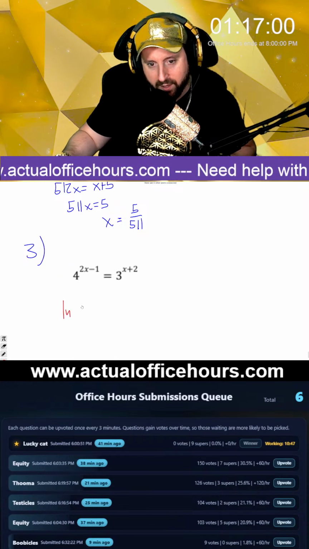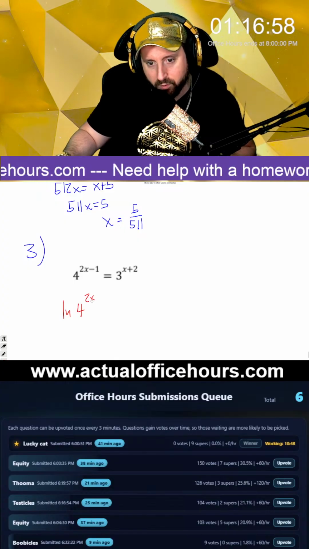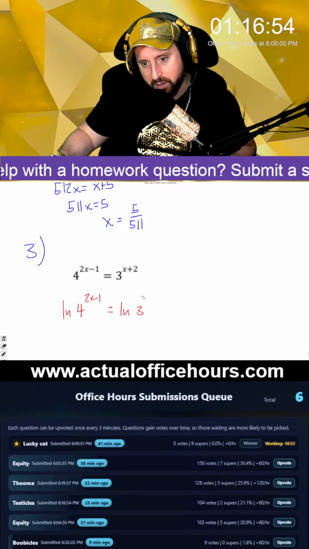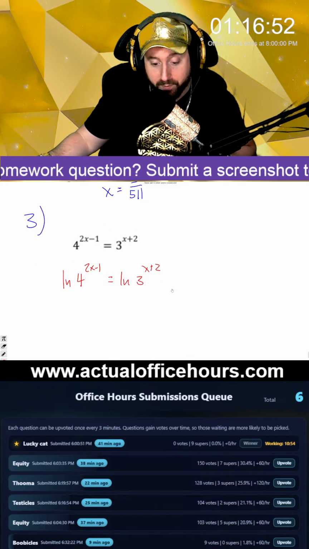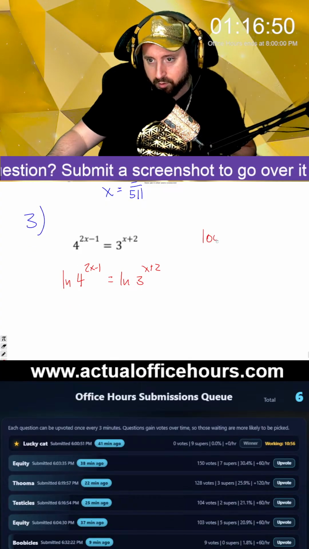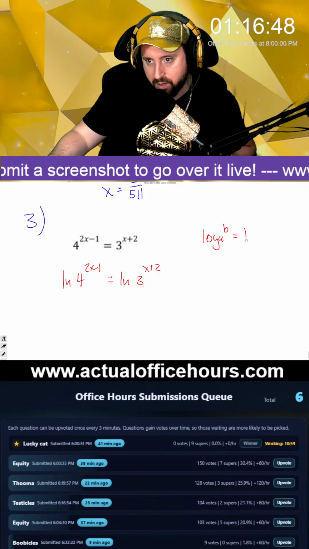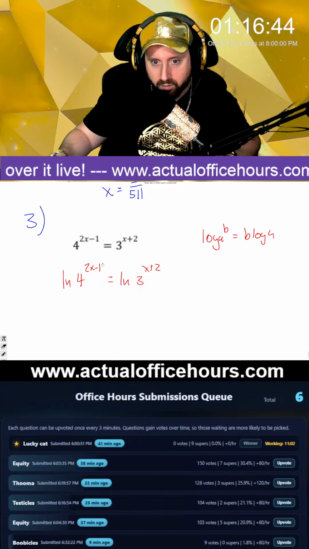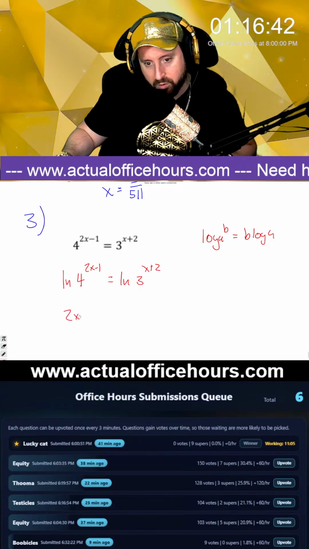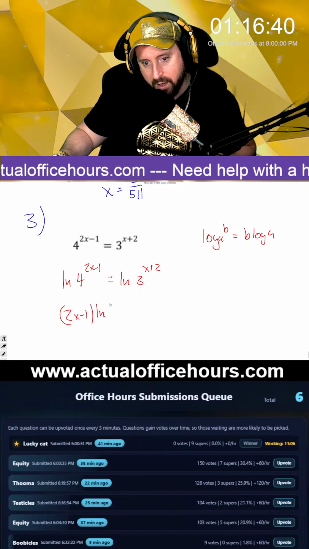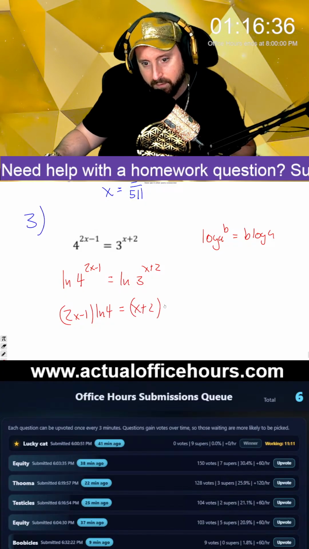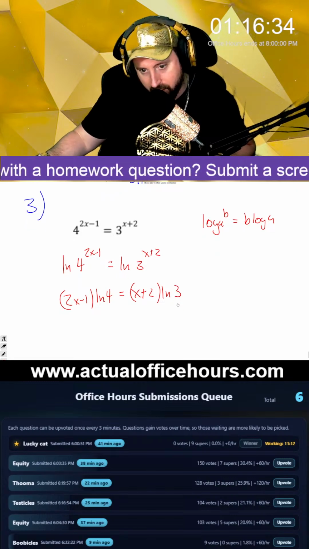So we're going to do ln of 4 to the 2x minus 1 is equal to ln of 3 to the x plus 2. The cool thing about log rules is the log of a to the b is the same thing as b log a, so the exponent always comes down. So I get 2x minus 1, ln of 4, is equal to x plus 2, ln of 3.